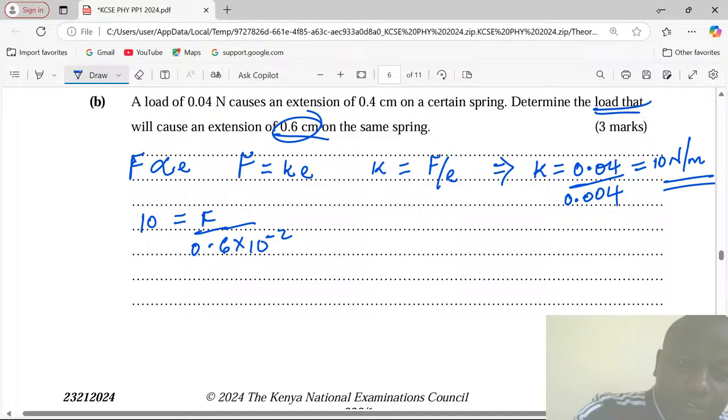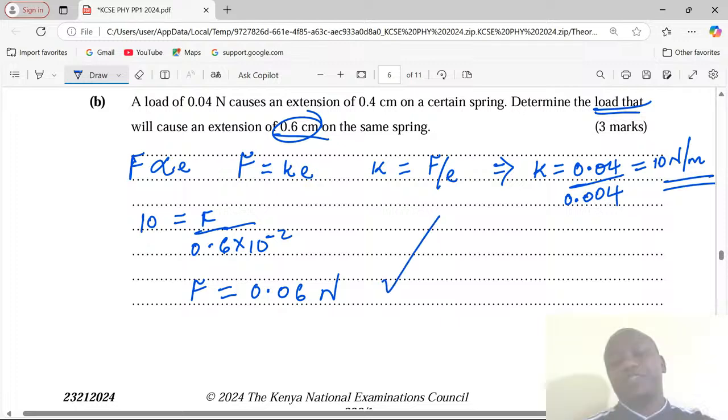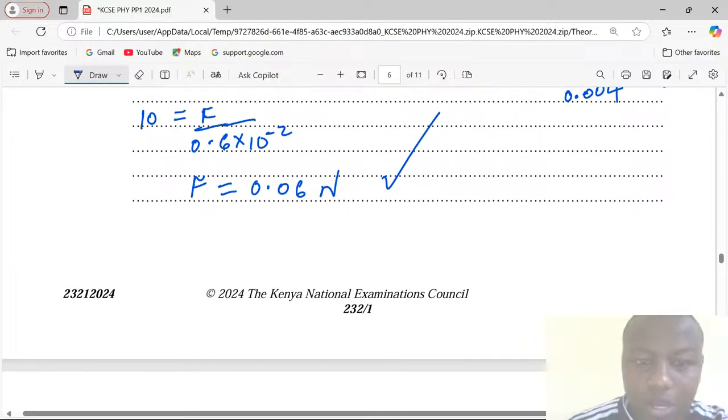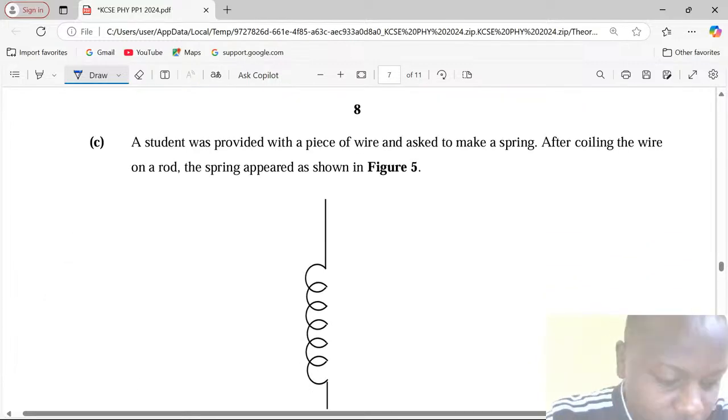Therefore, the force now is going to be equivalent to 0.06 Newton. That is after cross multiplication. Because there is a 10 there, it will just cancel out. So that is how you're supposed to work out such a question.